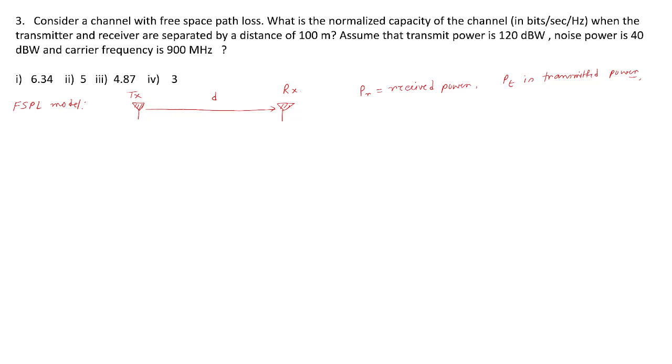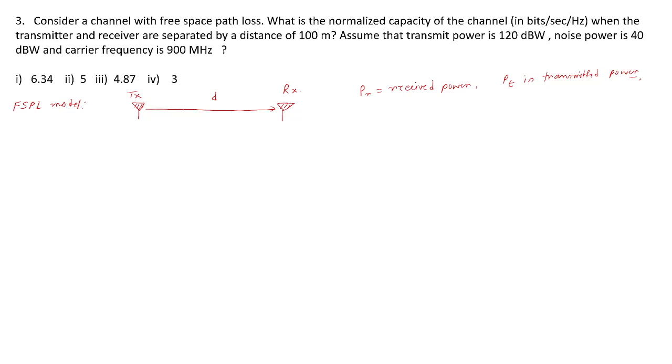Now the same power is spread on the surface of a sphere with radius 100 meter. So the effective power you capture becomes much more diluted for the 100 meter case compared to 10 meter. Therefore your received power decreases proportionately.